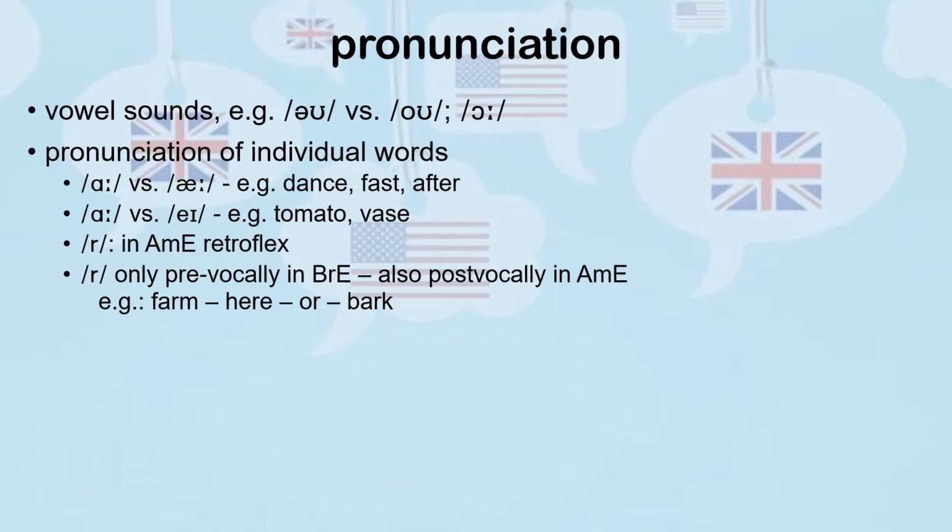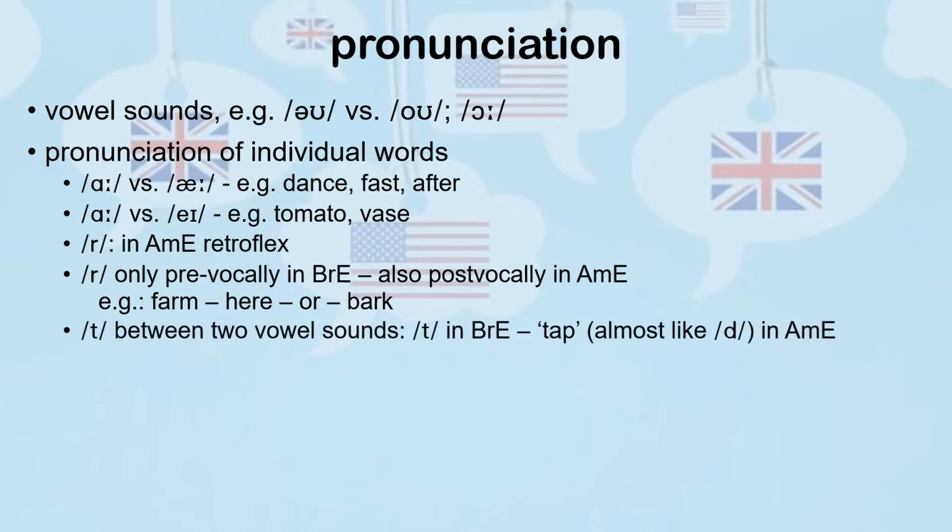Here, British English, here, American English. Or, British English, or, American English. Bark, British English, bark, American English. A T that is in between two vowel sounds remains a T in British English, whereas it changes to a so-called tap, which is almost like a D in American English.